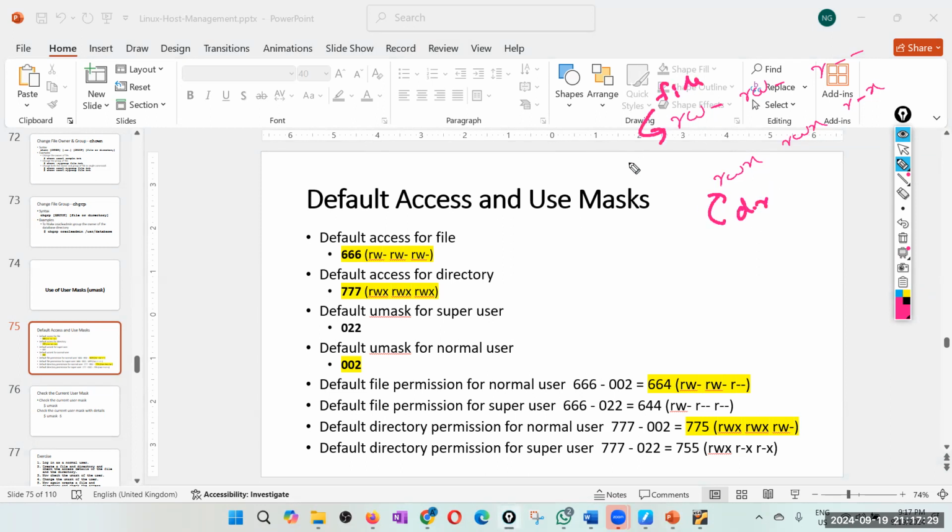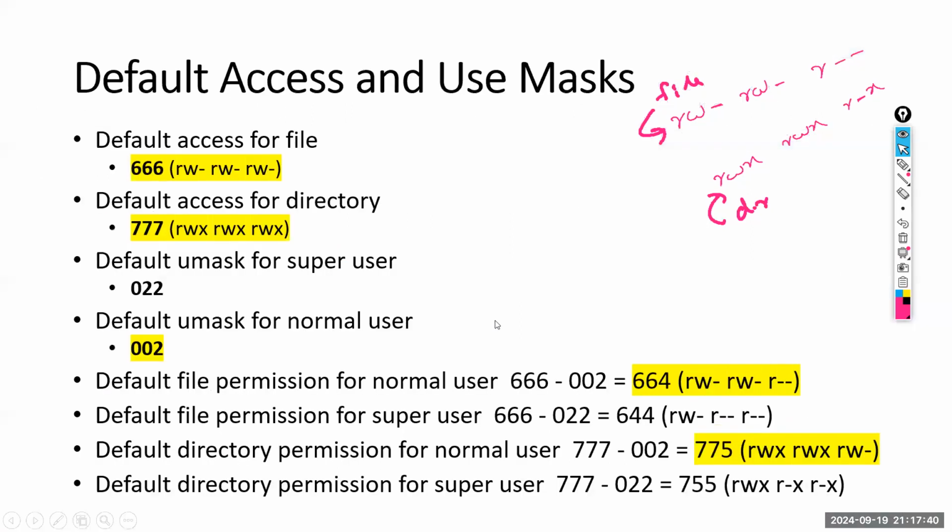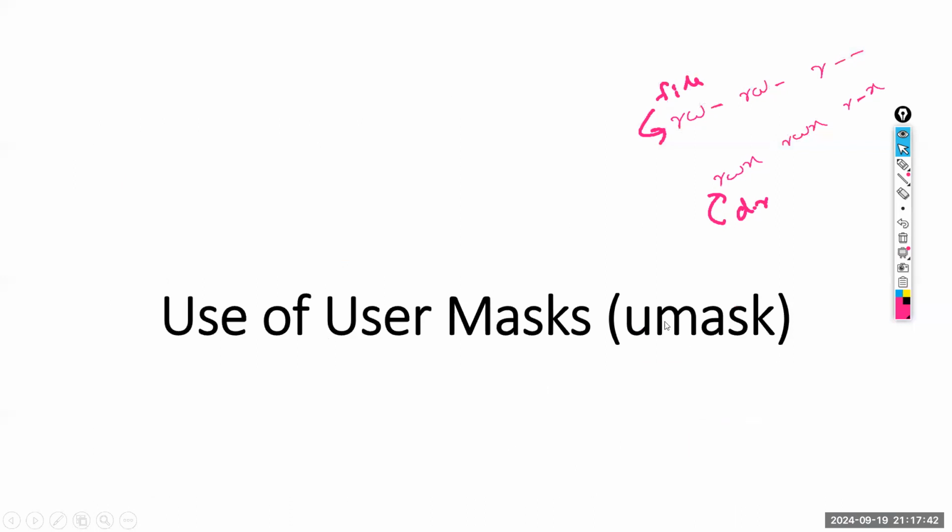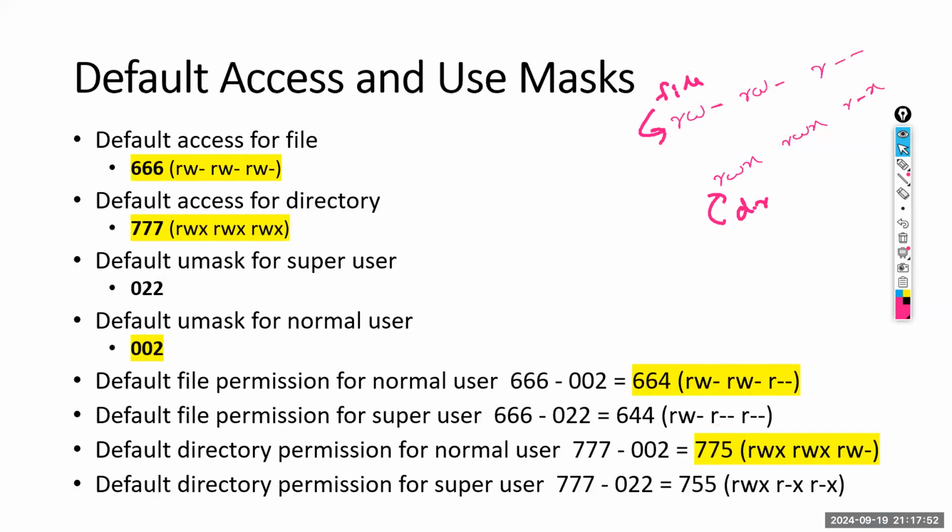And how do we get these default values? You can understand that using the concept called umask or user mask. This is again mentioned in your syllabus and they have asked this question over and over. Right. So this is how you understand it.